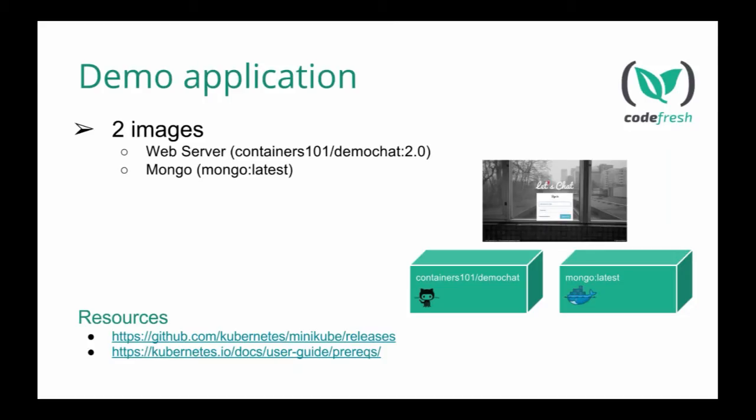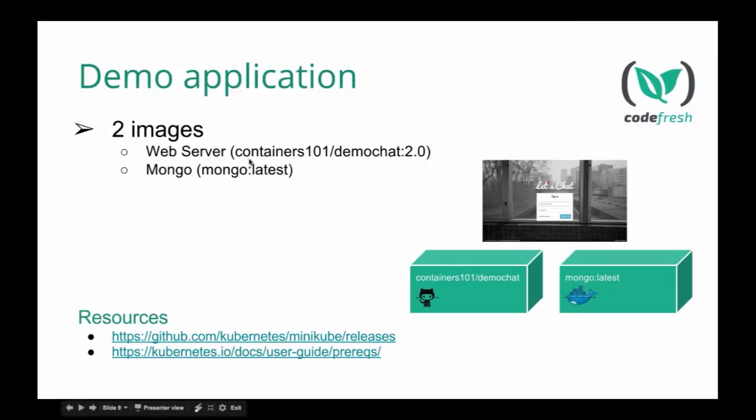Before we see how this all works, a little bit of background about the demo application that we will be using. We're going to be using a demo chat application. To run this application, we need to run 2 Docker images, basically 2 containers at least. One of them is a web server, which is implemented in Node.js.